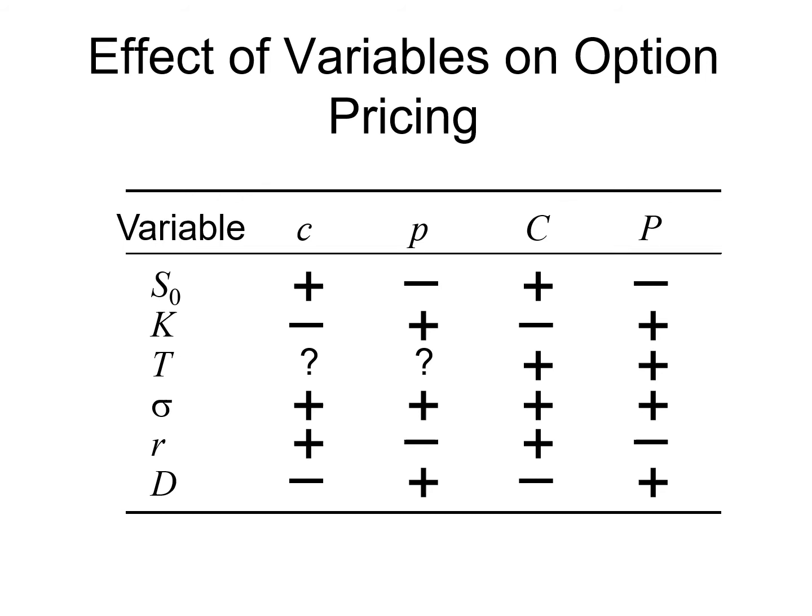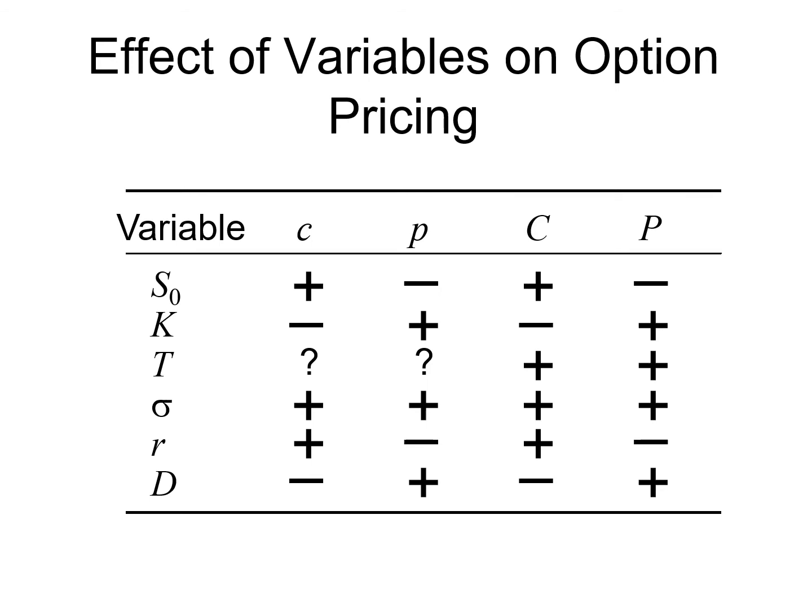If the stock price is higher, there's less chance to sell the stock at that price. And for strike price K, when K is higher, the call price is lower because you need to pay K dollars to buy the stock. If the amount of payment is higher, then the value of the call is lower, and for the same reason, the value of the put is higher.